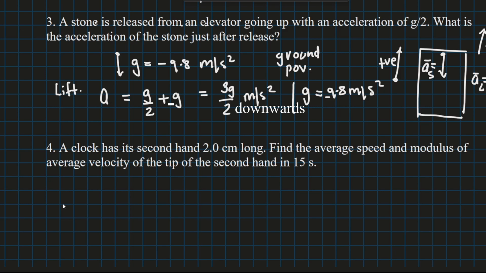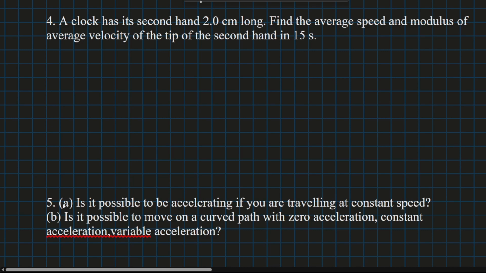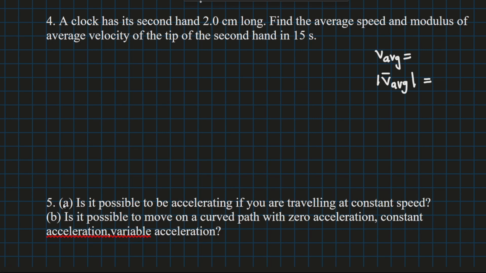The clock has its second hand 2.0 centimeter long. Find the average speed and modulus of average velocity of the tip of the second hand in 15 seconds.